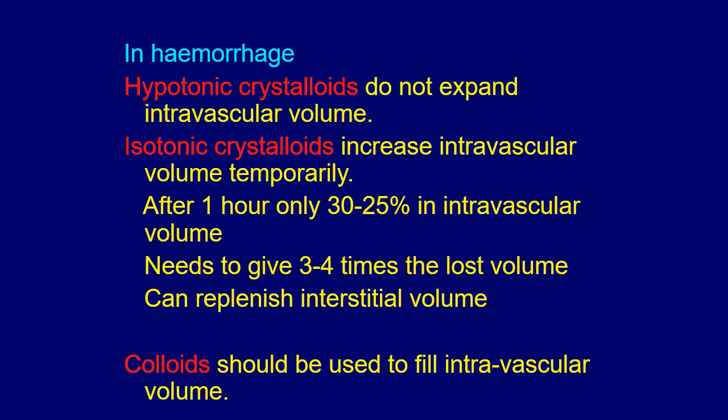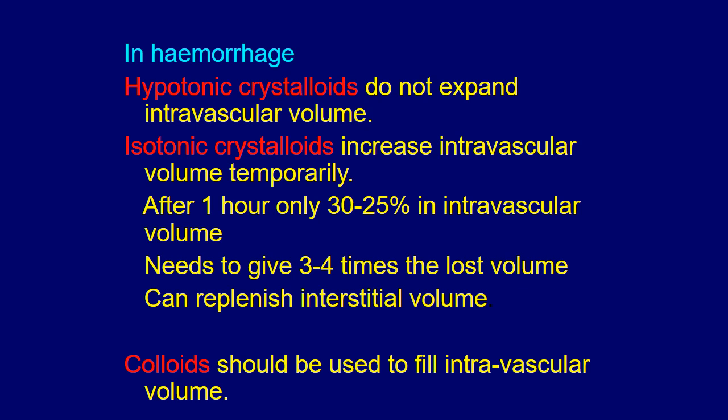Right, so in a hemorrhage, if you infuse hypotonic crystalloids like 5% dextrose, they would not expand the intravascular volume. If you infuse isotonic crystalloids like normal saline or Ringer's lactate, they will increase the intravascular volume temporarily, but after 1 hour, only about 25 to 30% will remain in the intravascular volume.